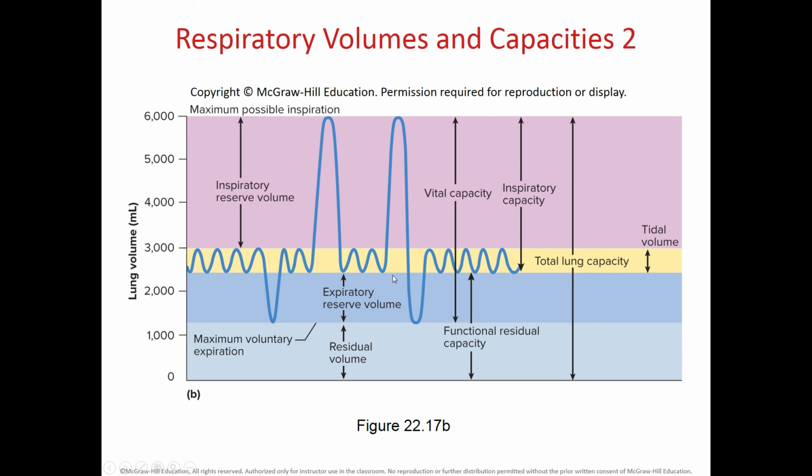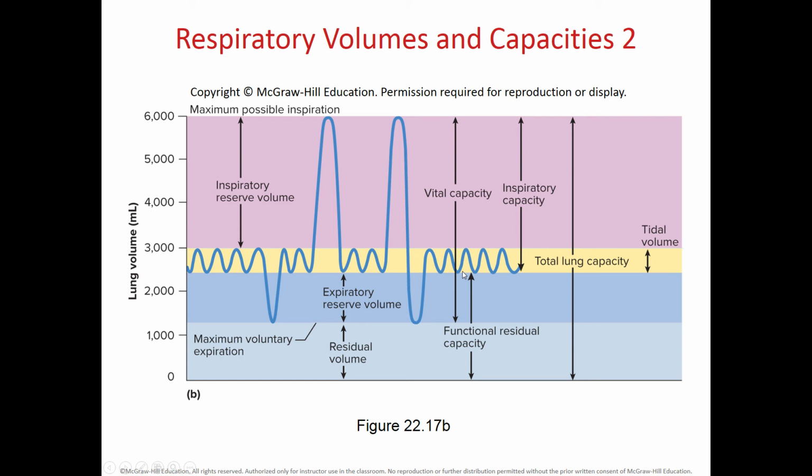Now, the sum of two volumes or more can form capacities. In the case of vital capacity, you add your inspiratory reserve volume, your expiratory reserve volume, and your tidal volume. Your inspiratory capacity will be adding your tidal volume and your inspiratory reserve volume.